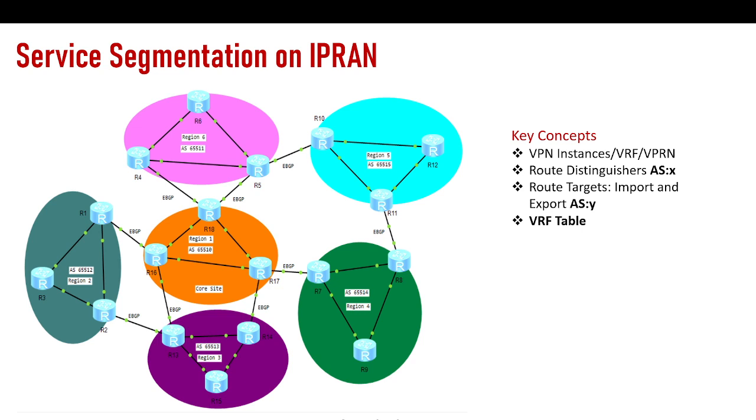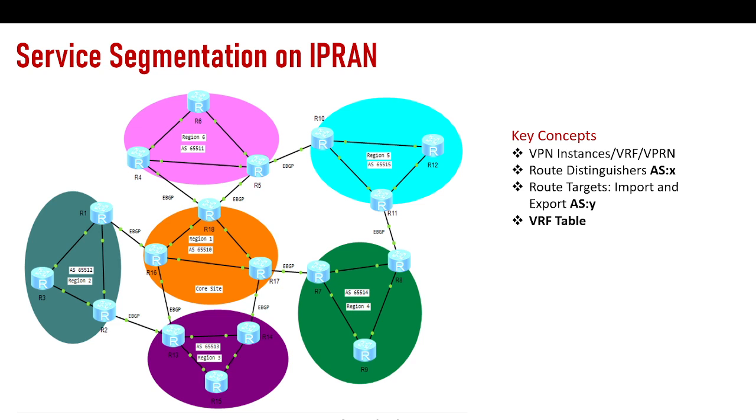So with VPNs, we know we have two key concepts. We have the route distinguishers, and then we have the route targets. The main objective of having the route distinguishers for VPRN is to be able to use overlapping addressing space. So different users or different regions can have overlapping addressing space, allowing us to efficiently use the available addressing spaces.